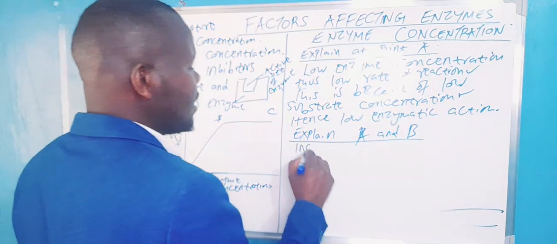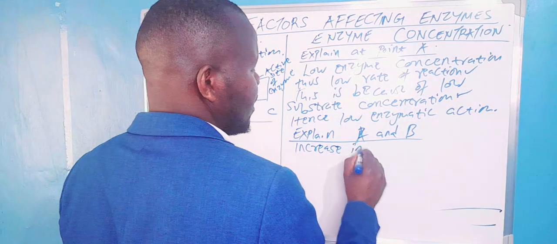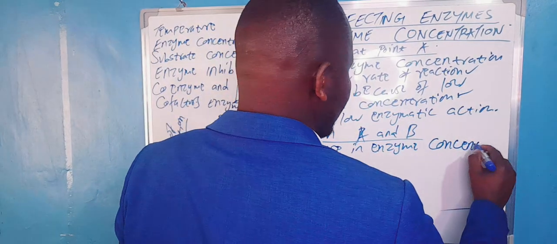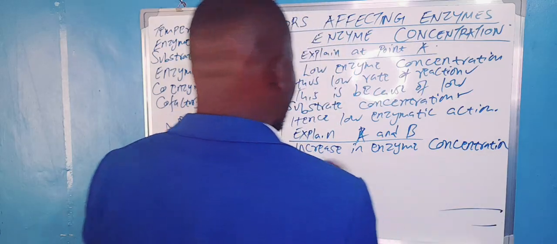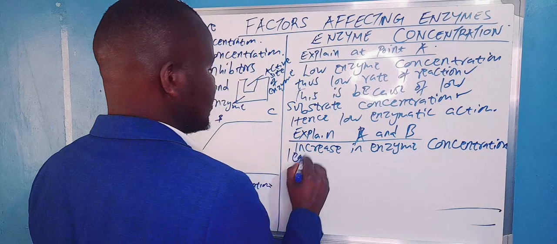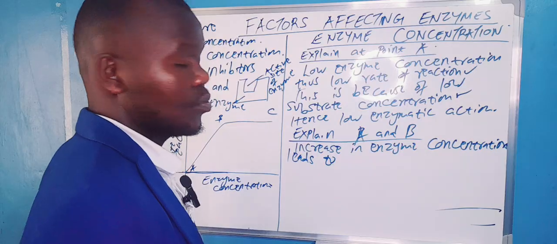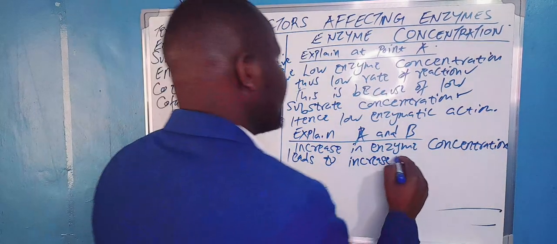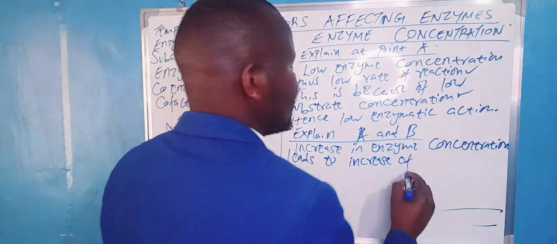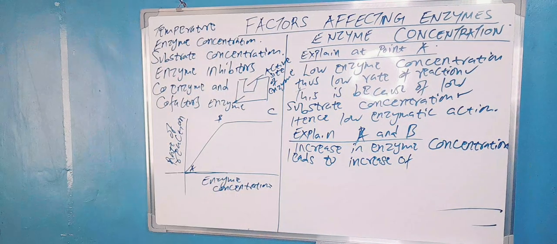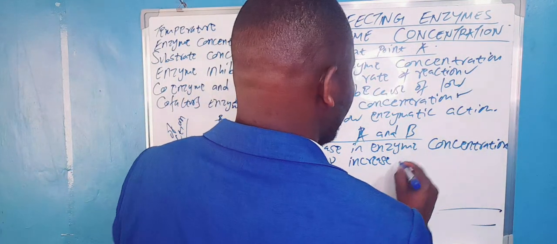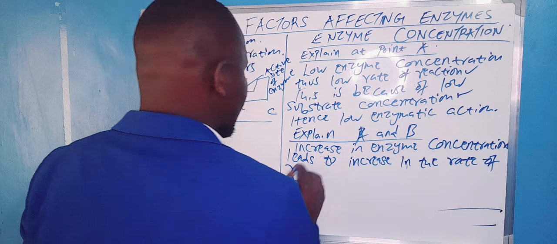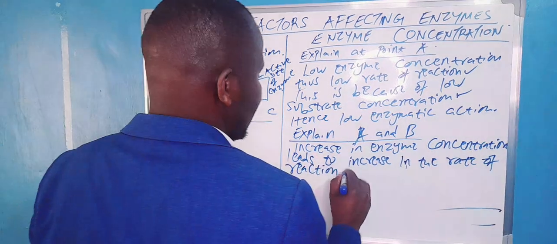So an increase in enzyme concentration leads to an increase in the rate of reaction. We are saying an increase in the rate of reaction rapidly.